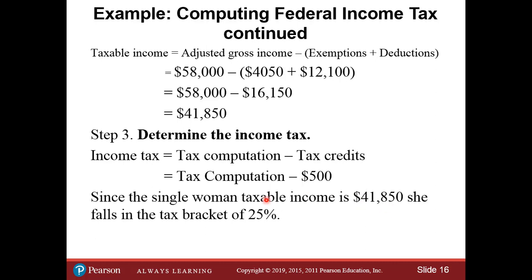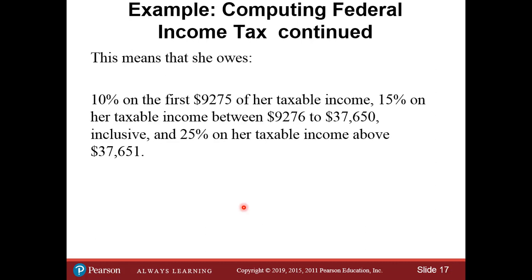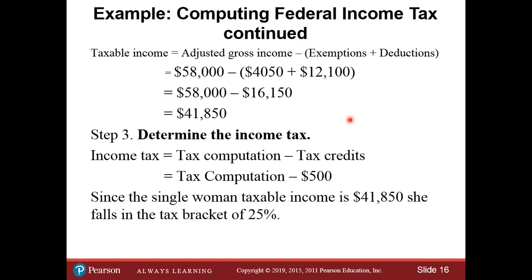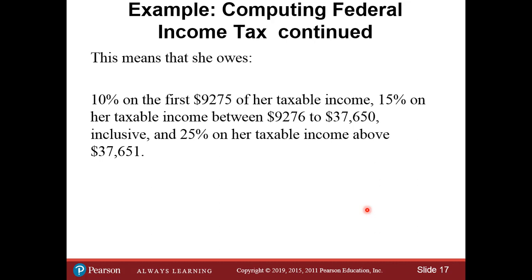No. Remember, it's in tiers. The first $9,275 of her income is going to be taxed at 10%. And then after that, she's going to pay 15% on the next tier, which is from $9,276 to $37,650. And that's it, because she spills over to the 25%. So she's going to pay 15% on the difference here.